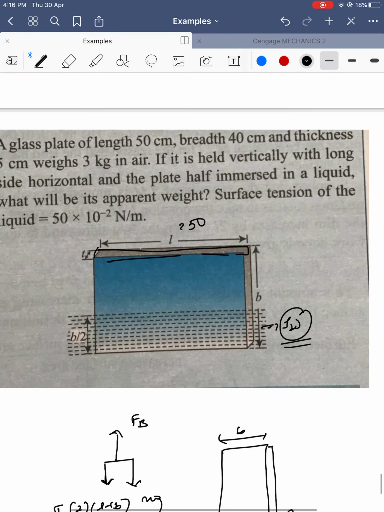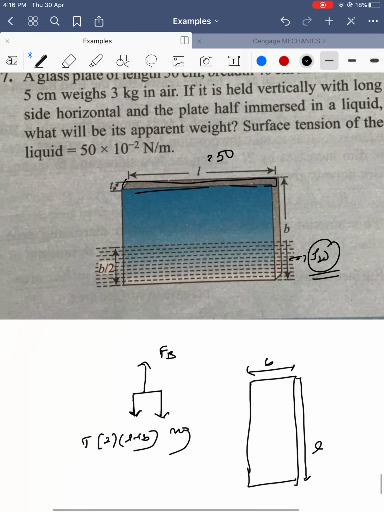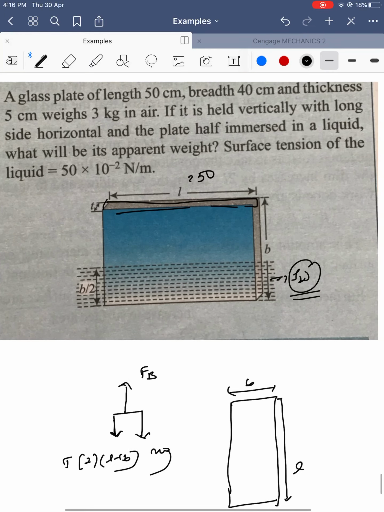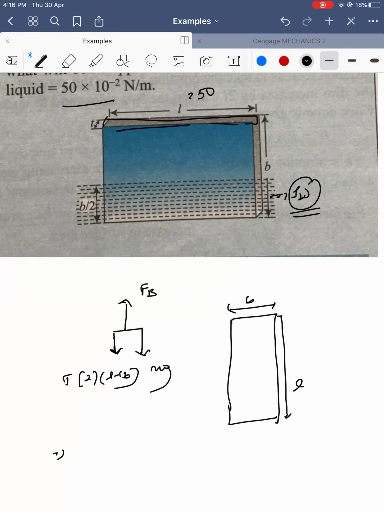Okay, now how much length? So T is equal to, let's wait, buoyancy force. Calculate the value of surface tension. For the liquid, T is equal to 50 into 10 power minus 2.